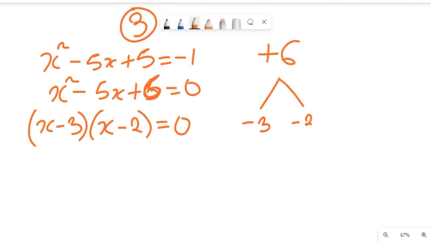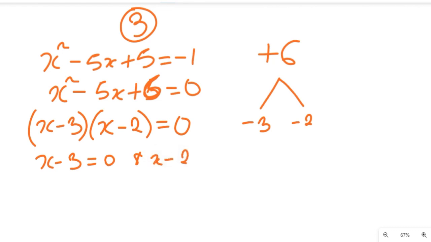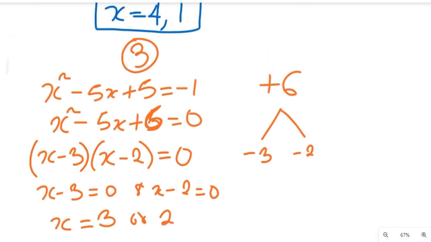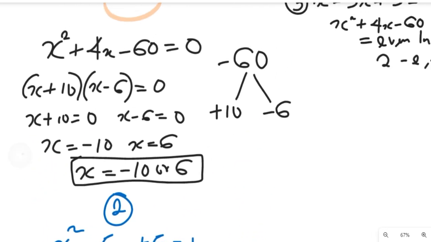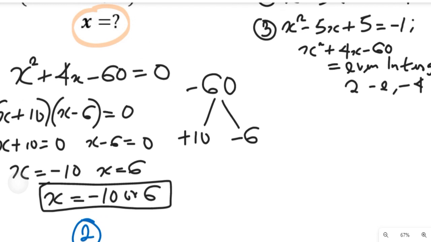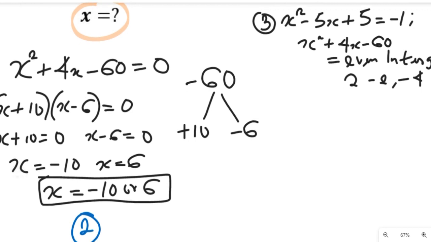So if we simplify this further, we are going to have our x minus 3 equal to 0 and our x minus 2 equal to 0. So the value of x here will be equal to 3 or 2. Now the third condition has another condition which says it's only possible if and only if the exponent x squared plus 4x minus 60 is an even integer.